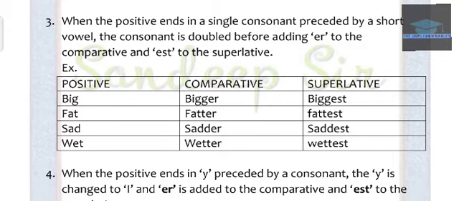So big becomes bigger, B-I-G-G, and we will add ER because it's comparative. And in similar fashion, we will add EST to make it superlative. But remember to double the last consonant. You can also write the other examples by pausing the video.